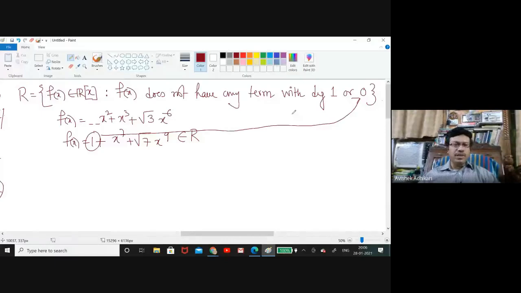Now suddenly this is a subset of polynomial rings with real coefficients, right? Now the question is, is R a ring? What will be your answer?